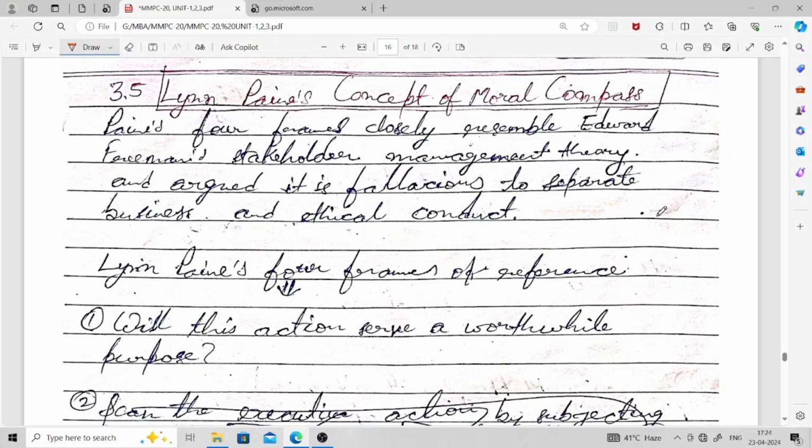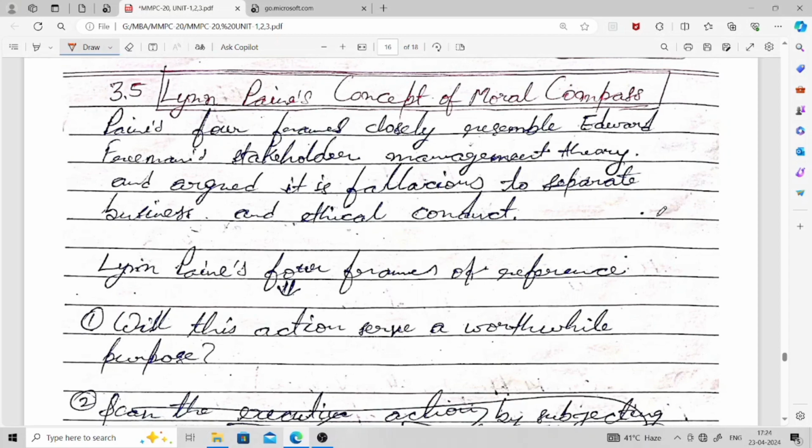Freeman argued it is fallacious to separate business and ethical conduct, which means you cannot separate business and ethical conduct.